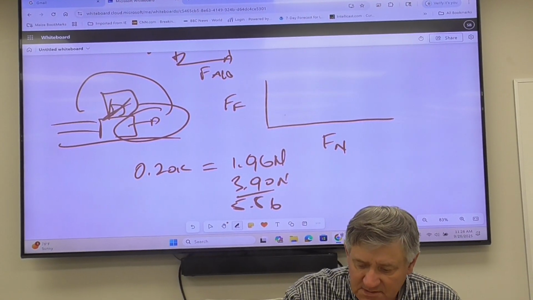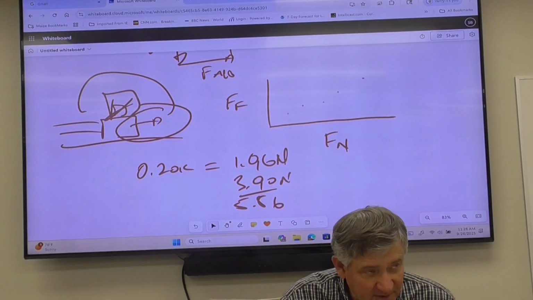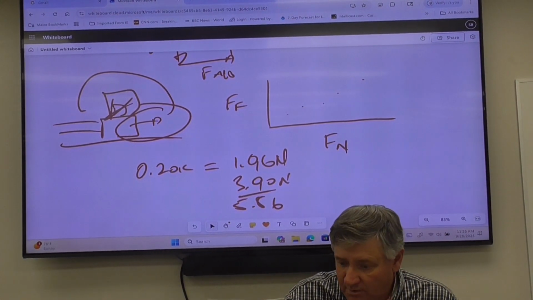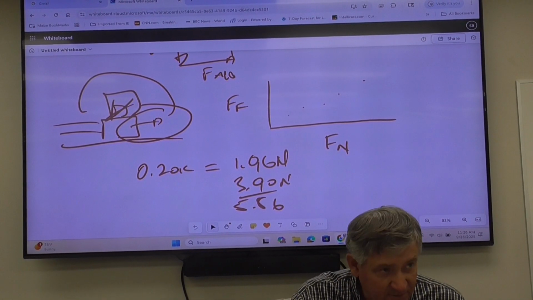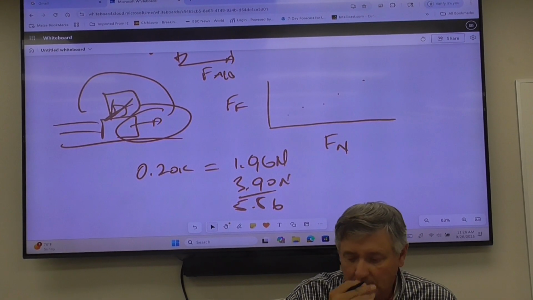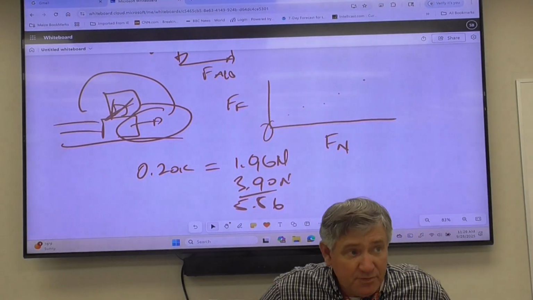So when you look at this, you're going to have points on this graph. It should be fairly linear, okay? Because the more normal force there is, the heavier it is, the more frictional force there is that you have to overcome, right? So your line of best fit might go through 0, 0.